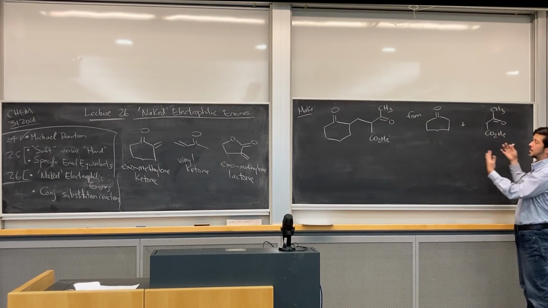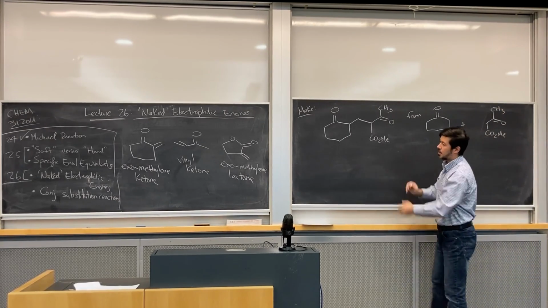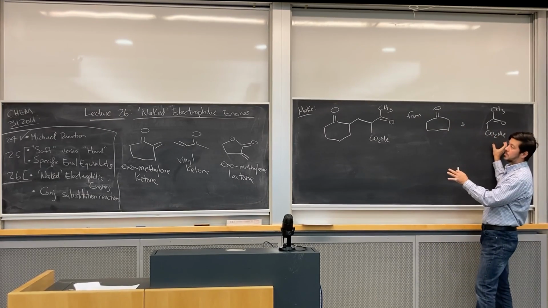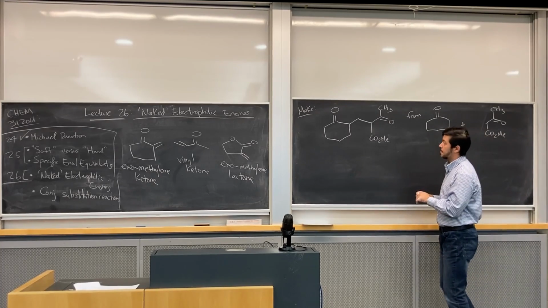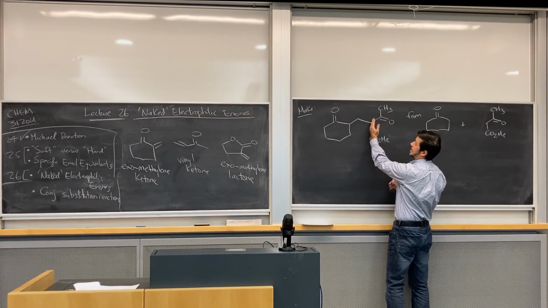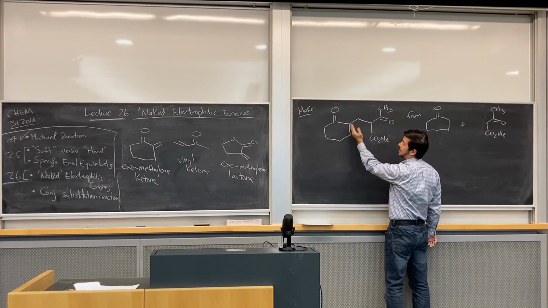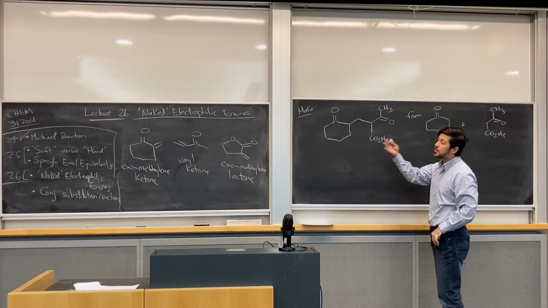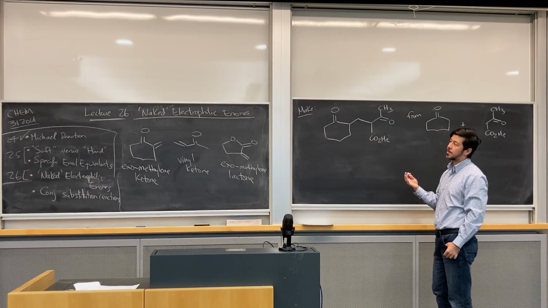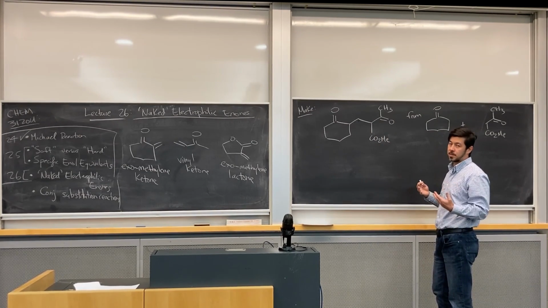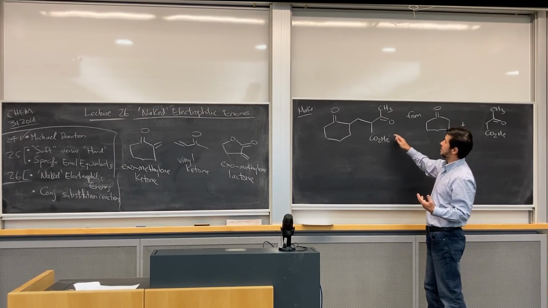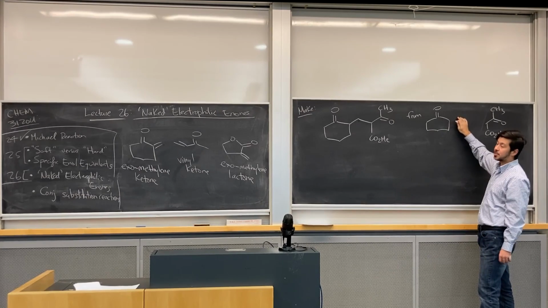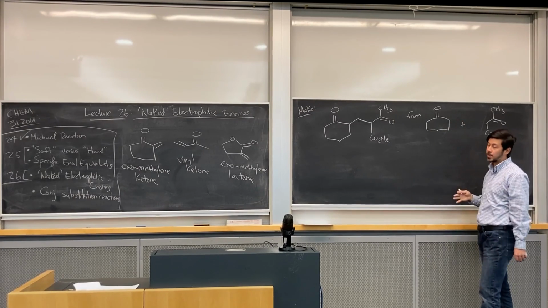Okay, so how are we going to bridge these two compounds together to make this compound? So clearly you can see this is on the left, this is on the right of the compound. What's missing though is a bridging carbon. So if you take the stuff on the right and you want to connect it to here, you have to use this central carbon, which is not part of our starting material. So this is where we need to take advantage of these naked electrophilic enones so we can get that direct addition. So in order to get this thing to become an electrophile and get conjugate addition out of this carbon here, we need to first create that enone.